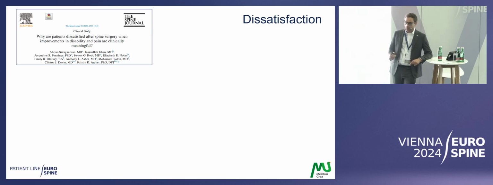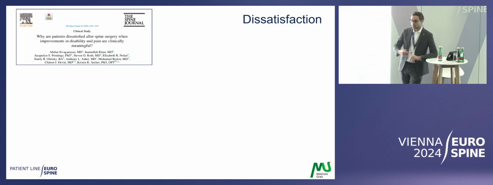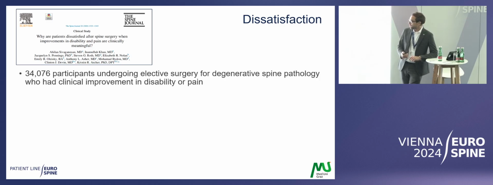And then there's another thing: we also have dissatisfied patients, although they improved clinically in a meaningful way. And this is again probably something about expectations not being met. And that's a large registry study including more than 34,000 patients undergoing elective surgery for degenerative spinal pathologies.